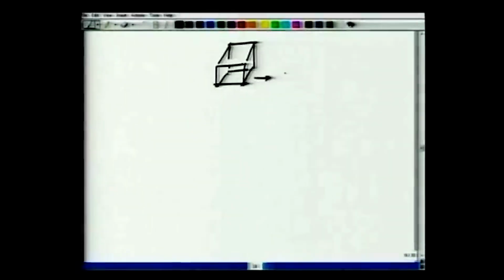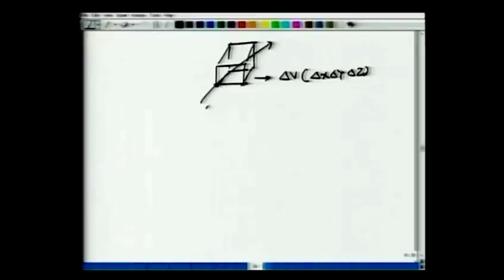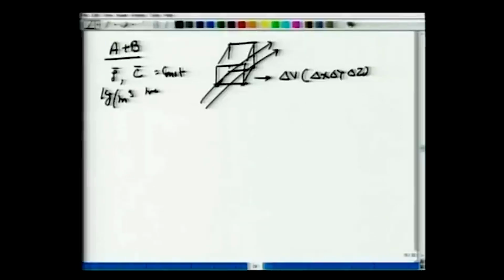If we choose a control volume of del V, which is del x into del y into del z, and we assume there is a fluid flow of a binary mixture of A plus B, and for simplicity a constant mass density or constant molar density fluid, in kg per cubic meter and moles per cubic meter, then the species balance is del C_A over del t plus del dot N_A minus R_A equal to 0.